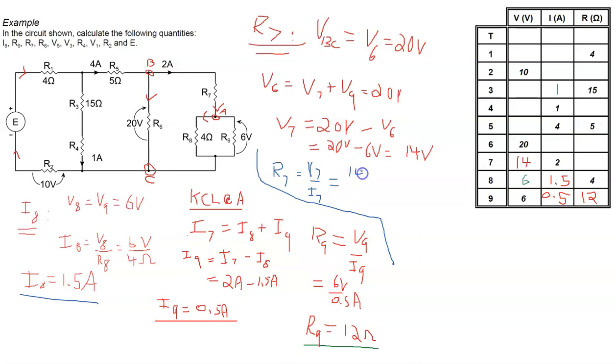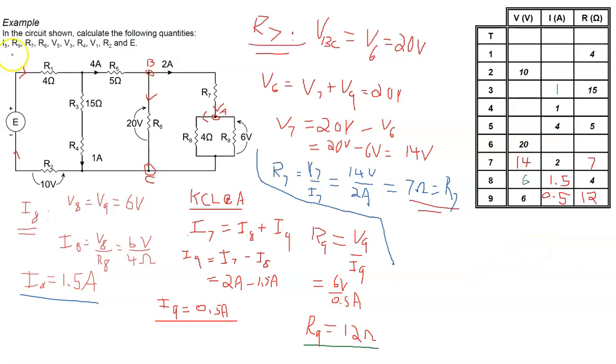So I have 14 volts divided by 2 amps. And that gives me 7 ohms. So I can put that in my chart, and you see now my chart's quickly getting filled up.